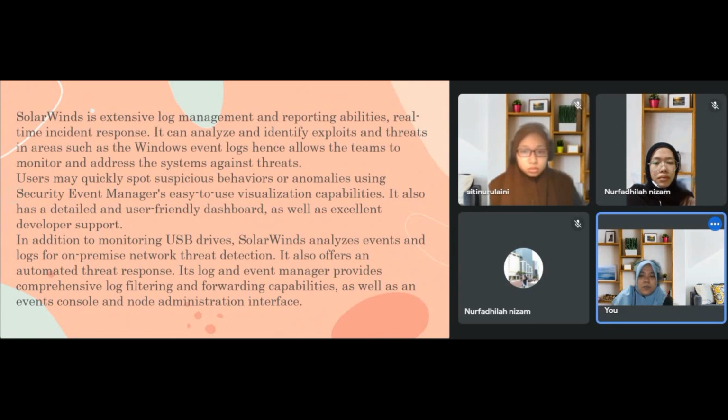It also offers an automated threat response. Its Log and Event Manager provides comprehensive log filtering and forwarding capabilities, as well as an event console and node administration interface.